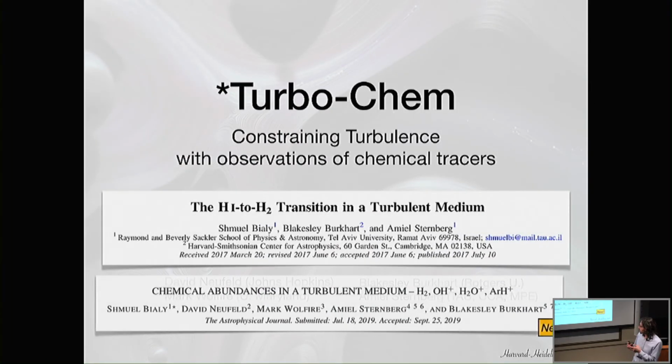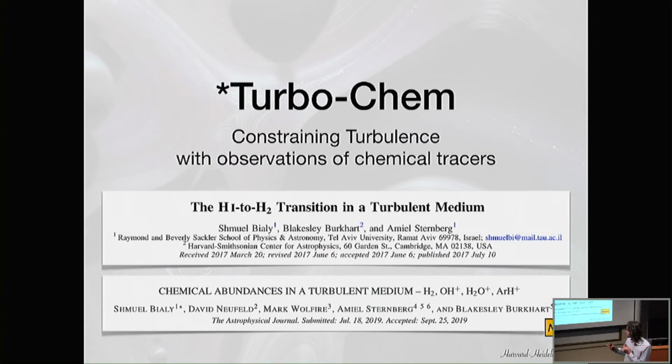So this is based on 2 papers. We started this when I was a PhD student in Tel Aviv. I was working on the H1 to H2 transition, still in uniform density gas, with my former PhD advisor, Amiel Sternberg. Then I met Blakesley Burkhart, who is doing turbulence. And then we started this investigation. At first my interest was mostly from the point of view of the H1 to H2 transition, how turbulence affects this.